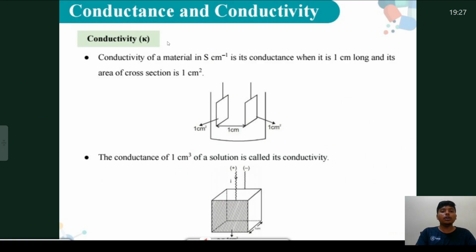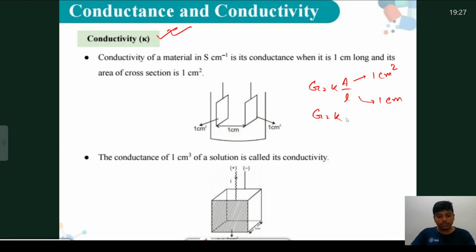Now, talking about conductivity or specific conductance, denoted as kappa. G is equal to kappa into A by L. If I take A equal to 1 meter square or 1 centimeter square, and L equal to 1 centimeter, then G is equal to kappa.